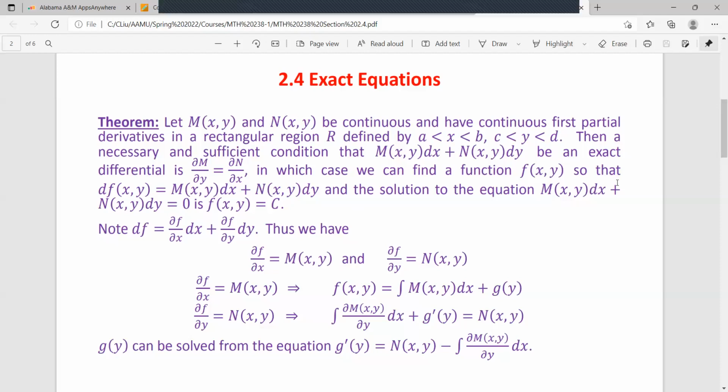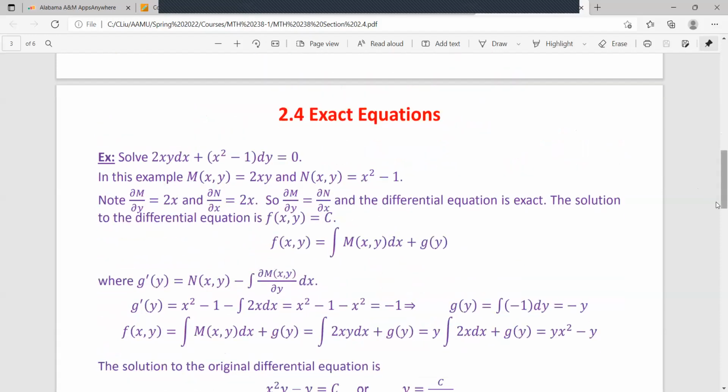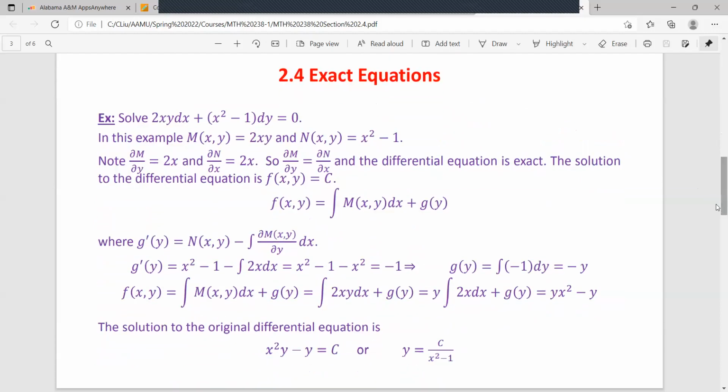So that's some theory about exact equations. Let's try some examples and see how we proceed to solve exact equations. In this example, we want to solve the equation 2xy dx plus (x squared minus 1) dy equal to 0. This is a differential equation in differential form.